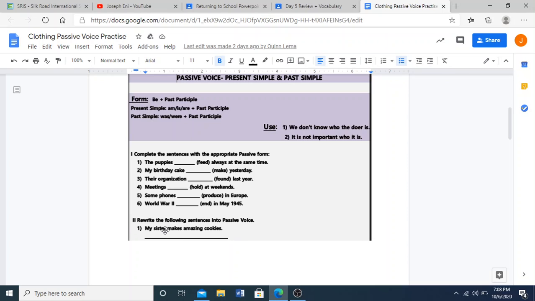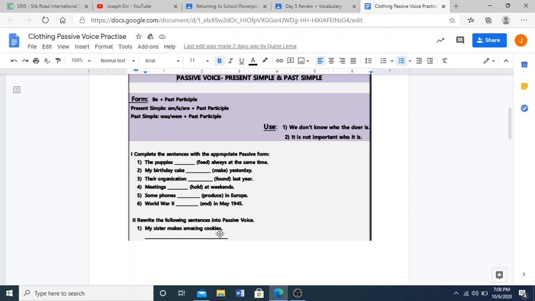Okay, so for this sentence, we have only one here. Rewrite the following sentence into the passive voice. Now, in the passive voice, that is when you are required to put by and include an agent. Okay? So, my sister makes amazing cookies. Here, my sister is the subject, makes is the verb, and cookies is the object.